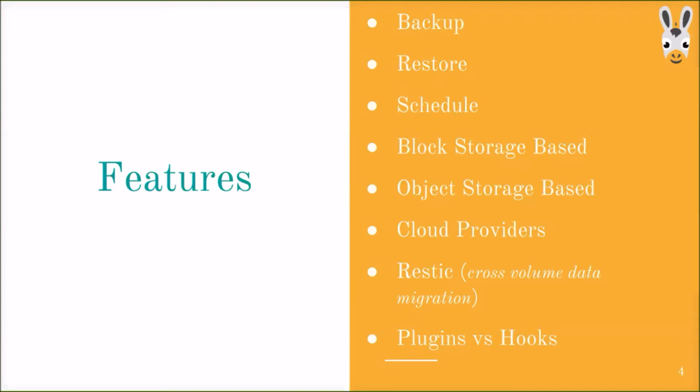I talked about cloud providers, where basically they support a few of the cloud providers. Almost all the big ones are supported: GCP, Azure, AWS. They also have support for IBM Cloud. This is what I saw there from the documents, right?